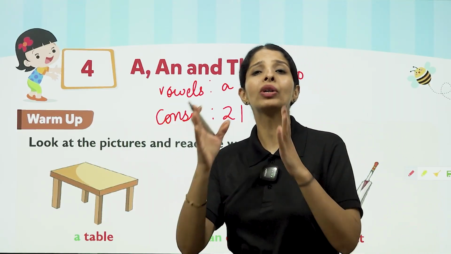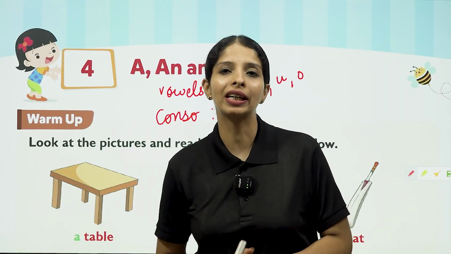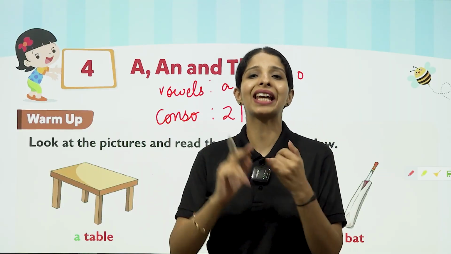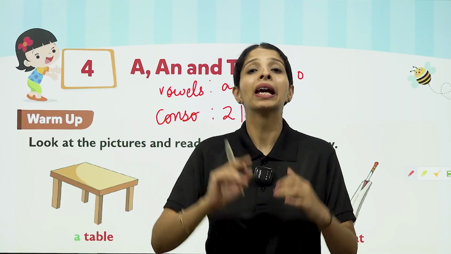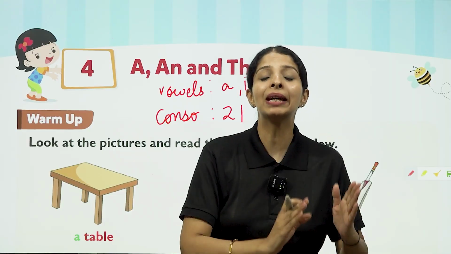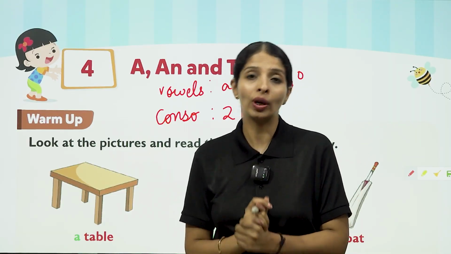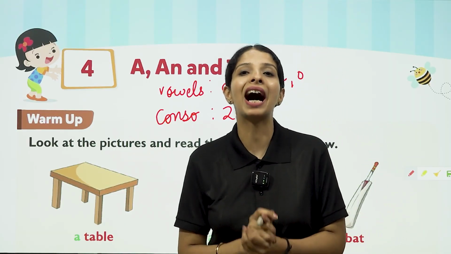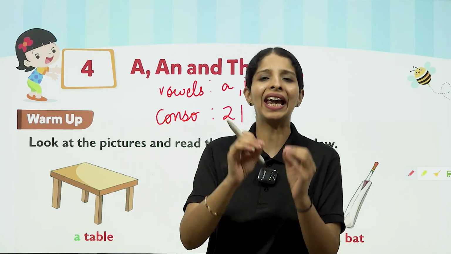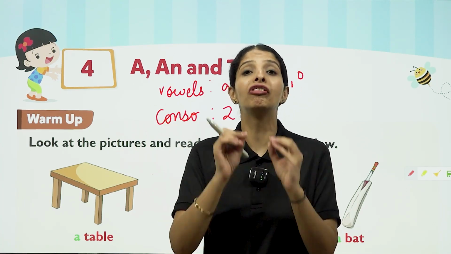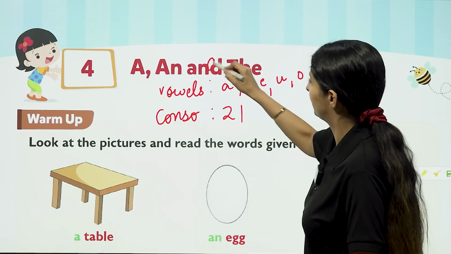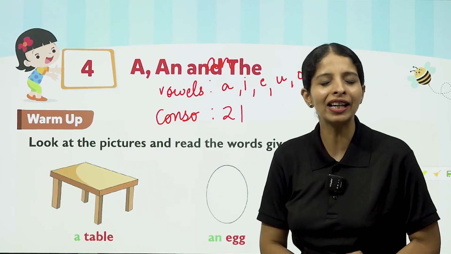Now, when we talk about articles, we use the articles A, An and The before the naming word. Now, if the naming word starts with a vowel A, E, I, O, U, we use An before that naming word.